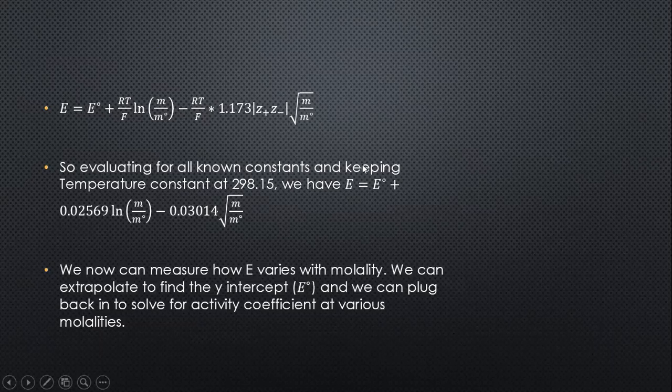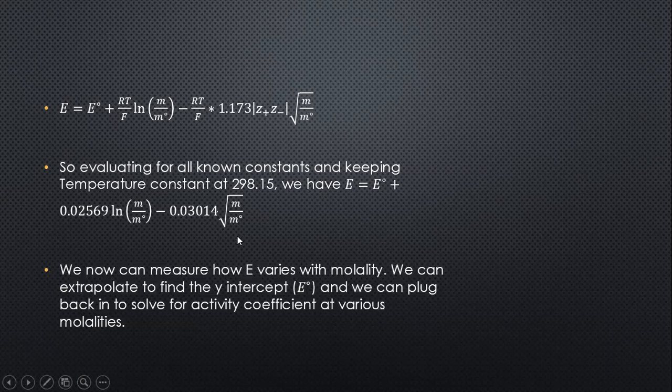Evaluating for all known constants and keeping temperature constant at 298, we have essentially E non-standard equals E standard plus a constant times ln molality minus a constant times the square root of molality.